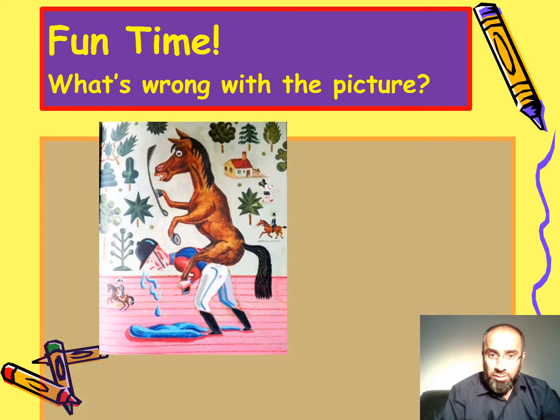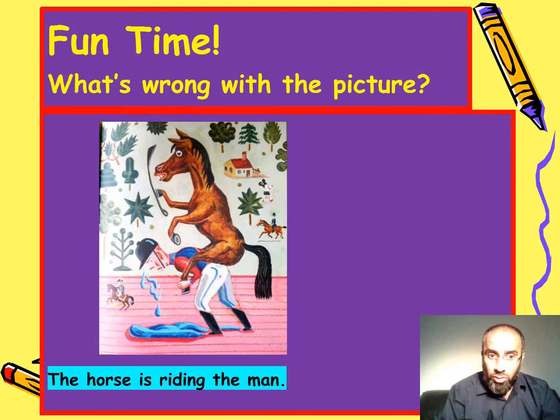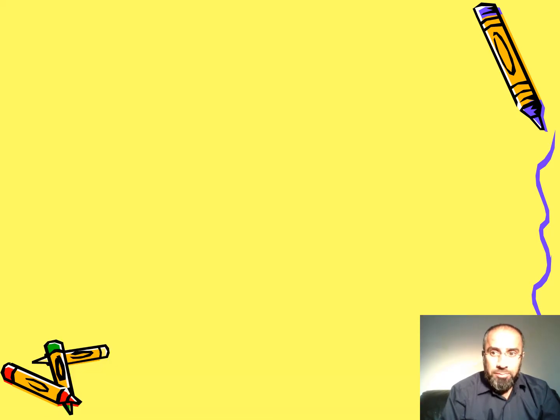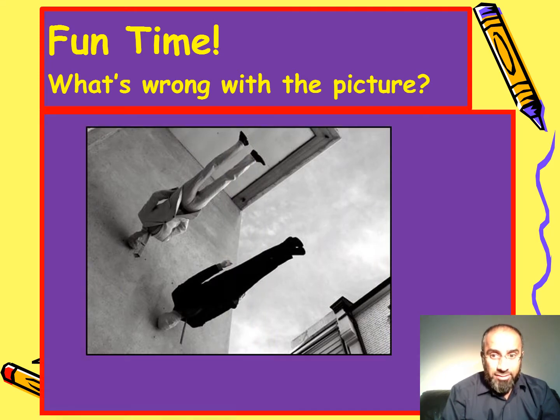No, it's not real world. In the real world, you won't see the horse riding a man. So here, the horse is riding the man. But is it real world? No. Yes, the people are upside down. Yes, you are right.